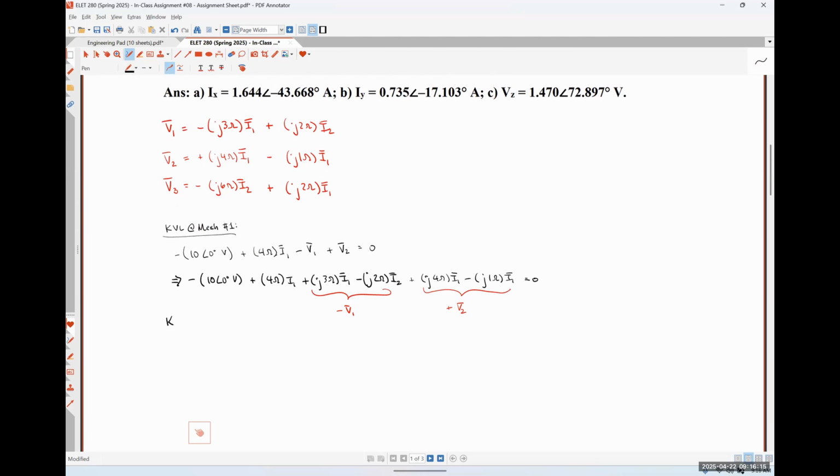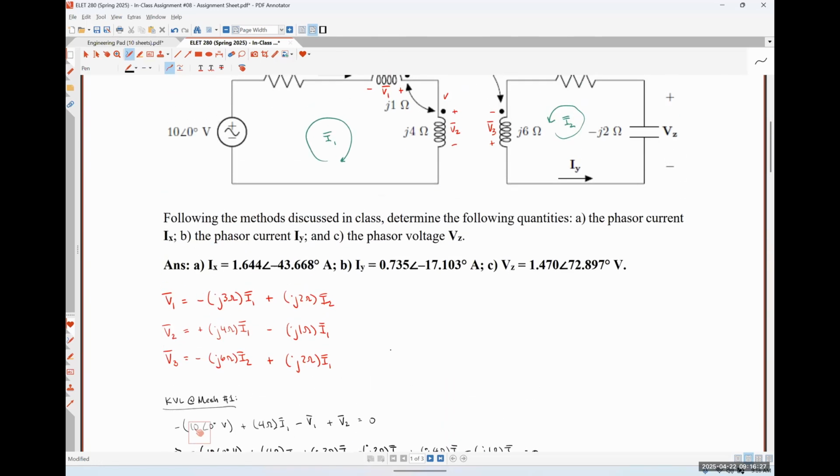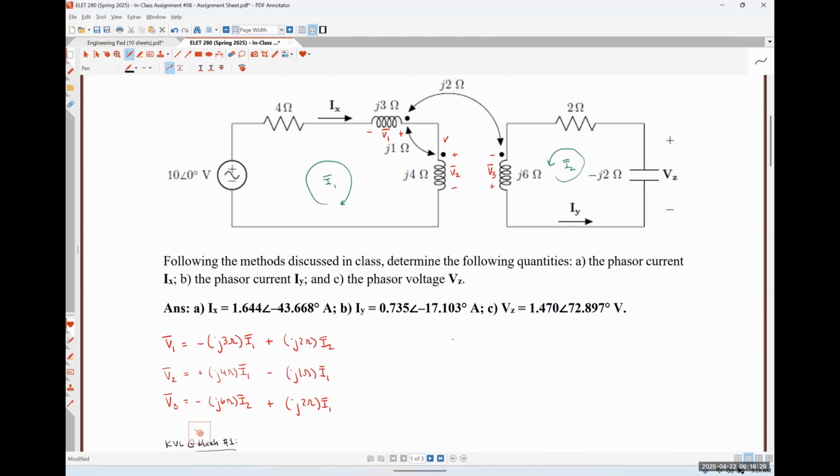Now we would do KVL at mesh number 2. And so we're going to follow I2 around its counterclockwise path.